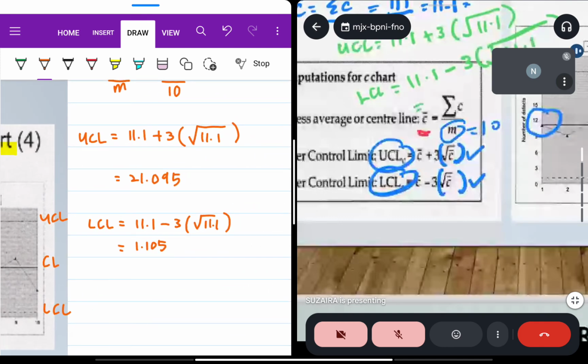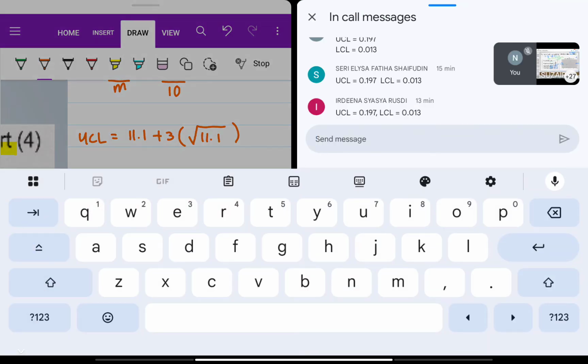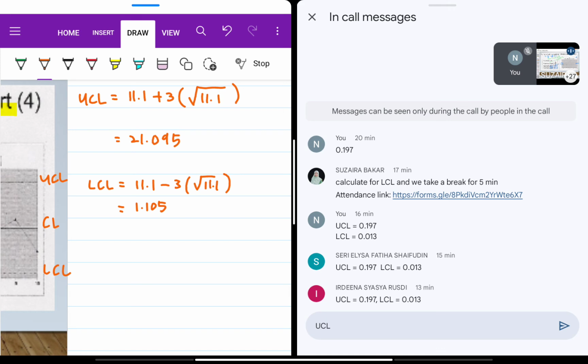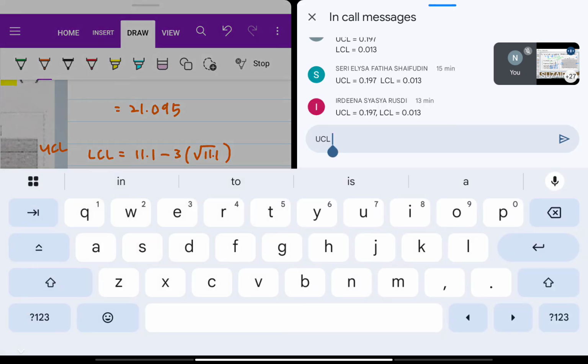So what is the value for UCL and also LCL?